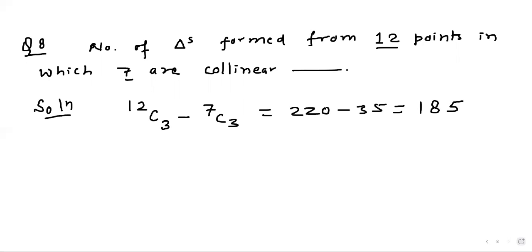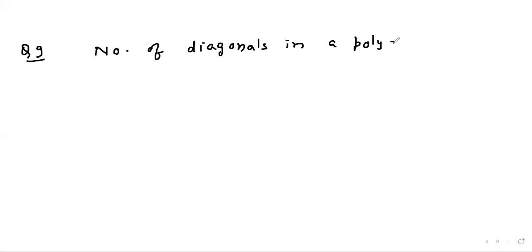Let's see next question. Next question says, if number of diagonals in a polygon are 44, we have to find out number of sides.